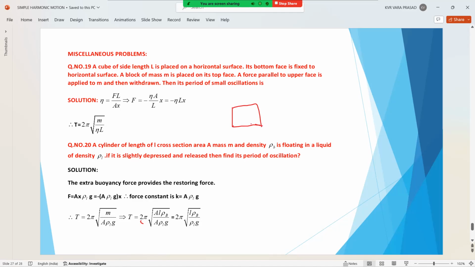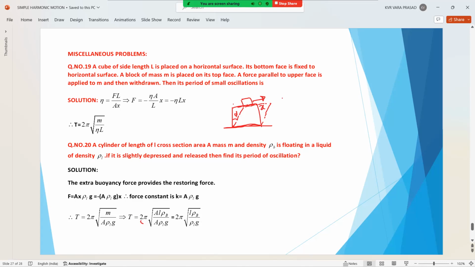We are fixing the bottom face to the surface. Place a block on the top face. We are applying force to the block parallel to this upper face. Then this shape becomes like this. Let us take this angle as phi. Suppose this displacement is x.